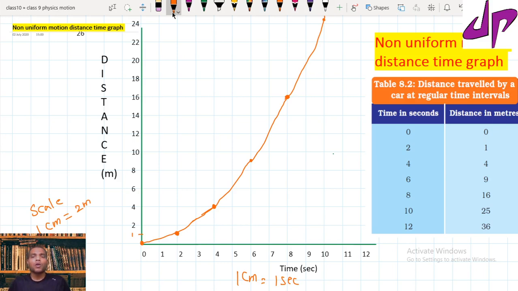That's why the graphical representation of non-uniform motion is not a straight line. By using this graph, we can calculate the average speed or average velocity, the same as we did in uniform motion. So this is how to draw a distance time graph for non-uniform motion.